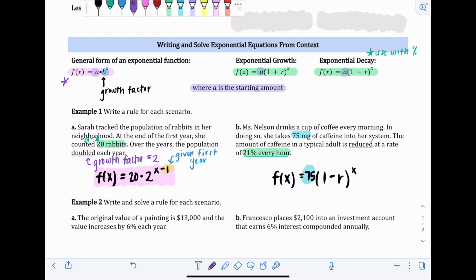To do that, with 21%, you move the decimal place twice to the left to change from percentage to a decimal, or you would take the percentage and divide by 100. So 21 divided by 100 would be 0.21. So where r is, we're going to put in 0.21.